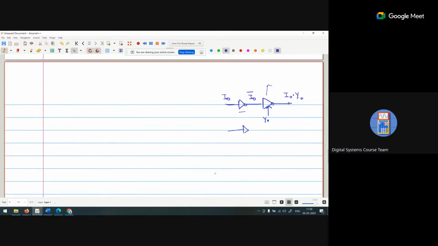If I take the second, it becomes I1, I1 bar. Again I take a tri-state control with Y1, so it is I1 Y1. And how will Y1 be created?